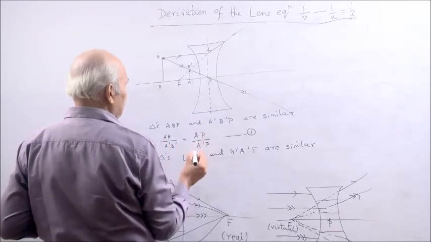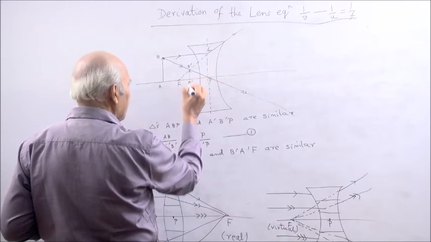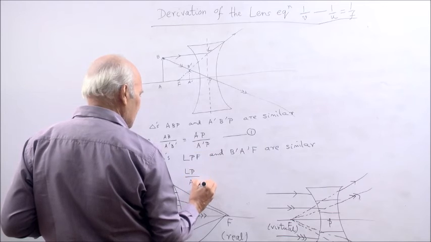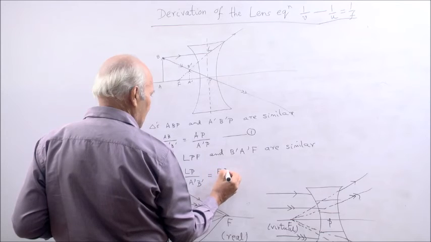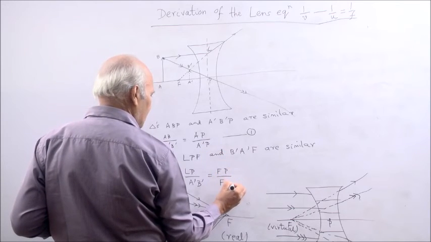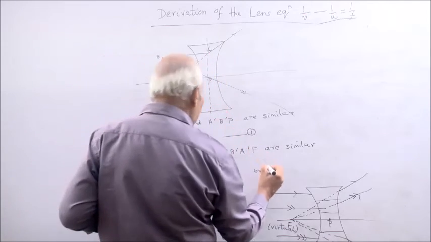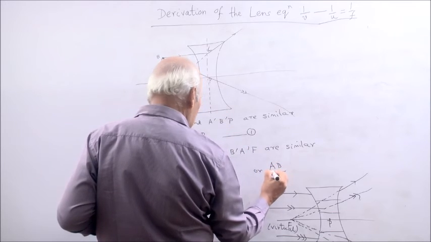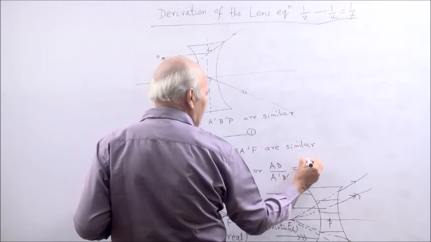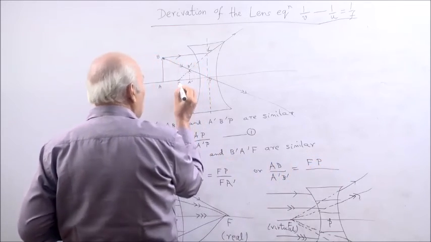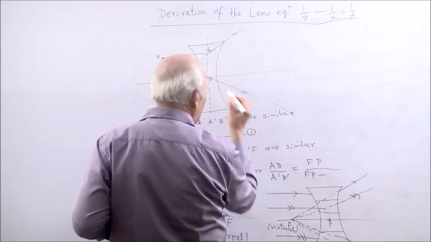The ratio will be LP by B dash A dash is the same thing as FP by F A dash, and LP is the same thing as AB. So, it is AB by A dash B dash is equal to FP by what is FA dash? FA dash is FP minus A dash P.